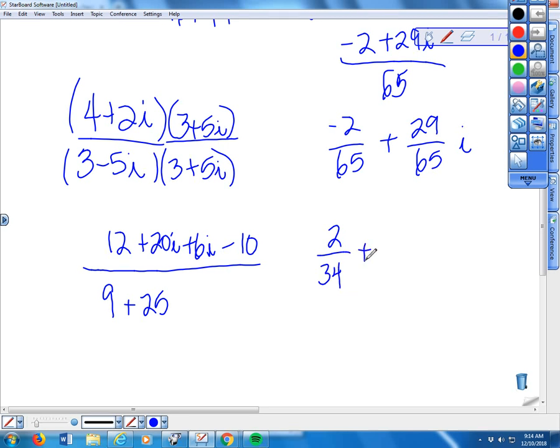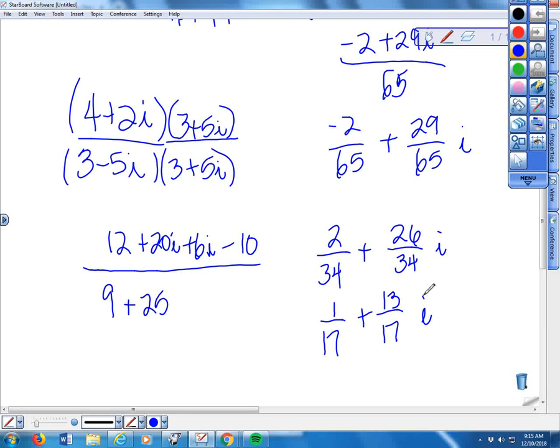And then I have 26 over 34. Simplify. 1 over 17 plus 13 over 17 i. There you go. That looks easy. Okay, it's just a few steps, but it's not hard if you understand how to multiply complex numbers.